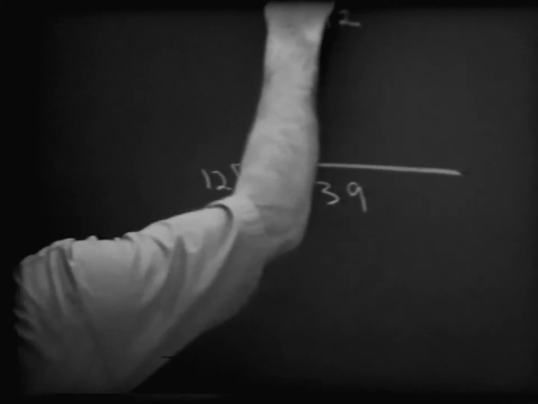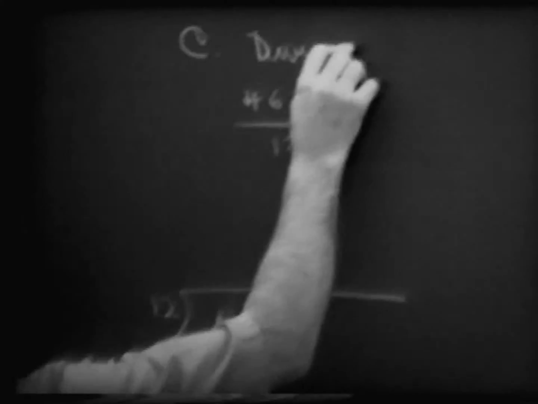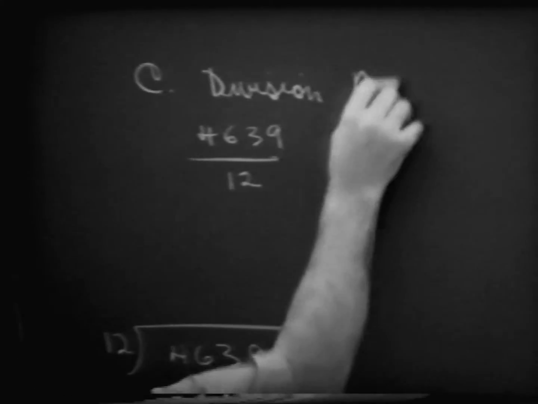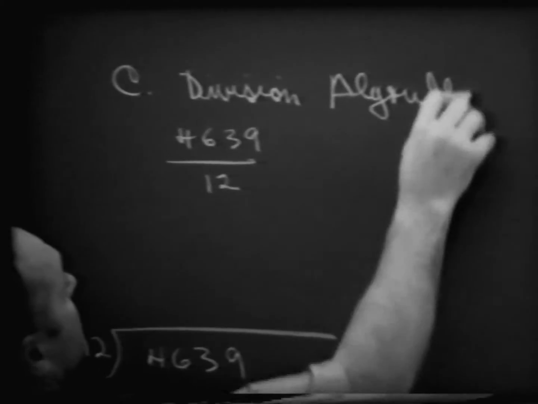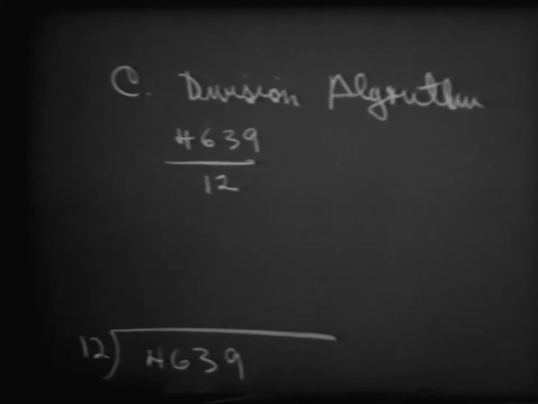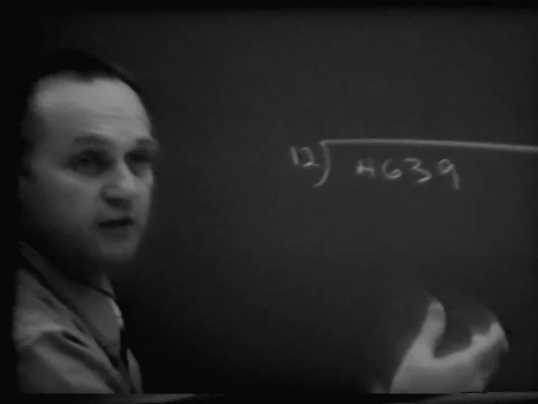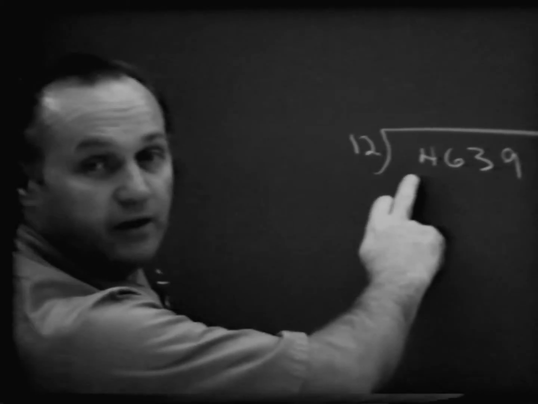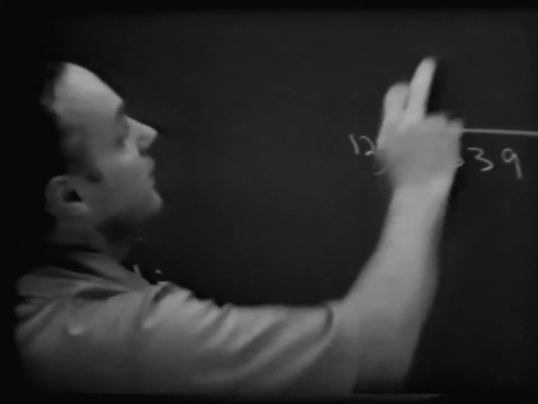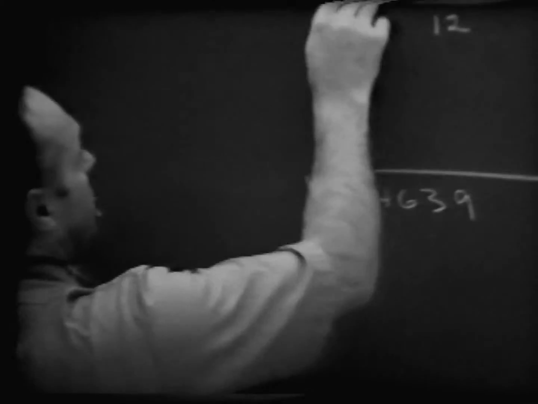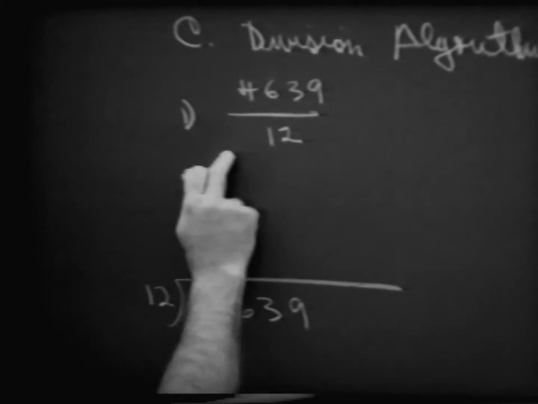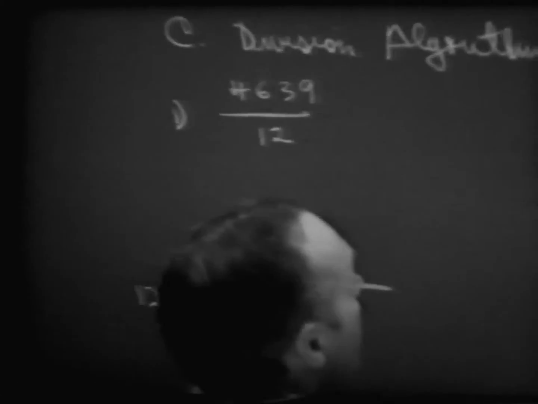Let me just call this our division algorithm. Now, an algorithm is simply a procedure, a repetitive procedure by which we can, in this case, simplify this number.